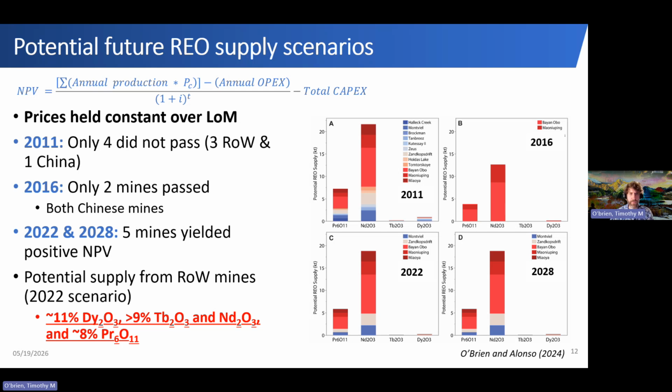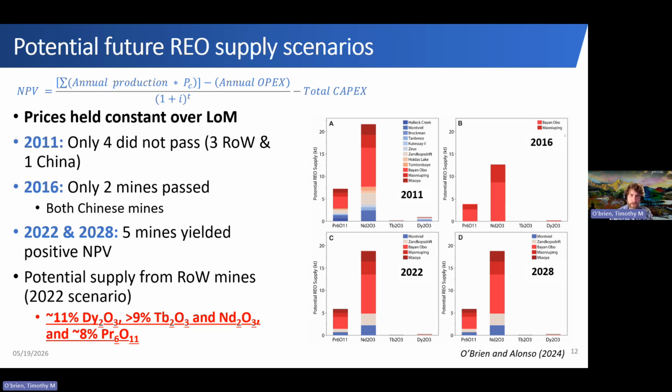And lastly, if we use present day and not too distant future prices, what we have are 5 mines yielding positive net present values, 3 from China and 2 from the rest of the world: the Mont Vale in Quebec, Canada, and the Zandkopsdrift in South Africa.